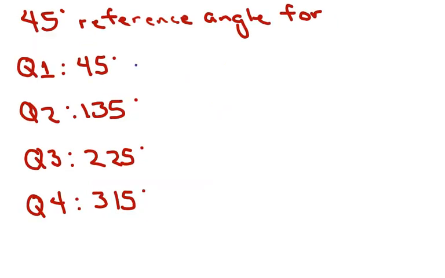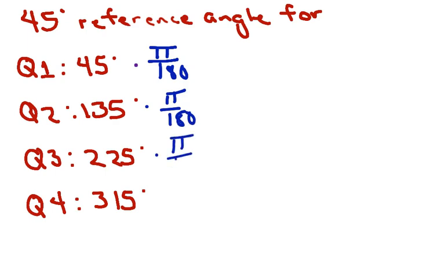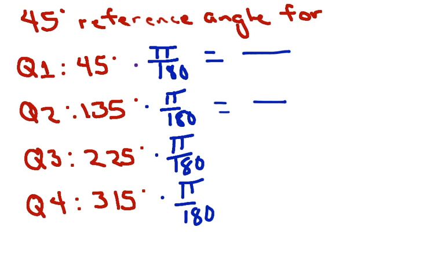The same thing with the 45 degrees. And multiply by pi over 180. And you're going to ask yourself, how many 45 degrees are in 180? Well, there's 2 in 90, so there's going to be 4 in 180. You put the pi, and there's 1 for the 45 degree angle. So all of these are going to have 4 in the denominator.